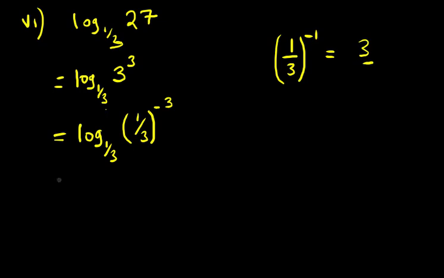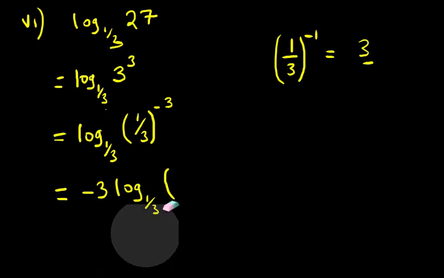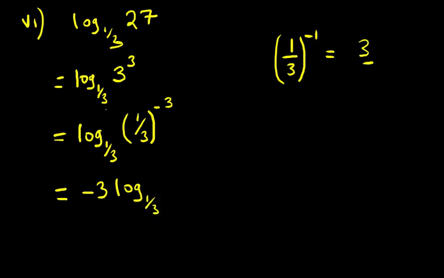Simplifying this, we'll have negative 3 log 1 over 3 of 1 over 3. Okay, let me just erase this. This is equal to 1, so our answer will simply be negative 3.